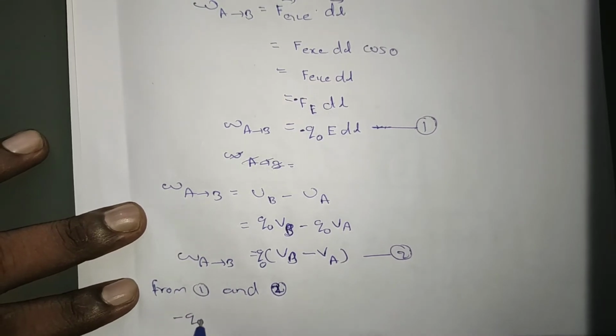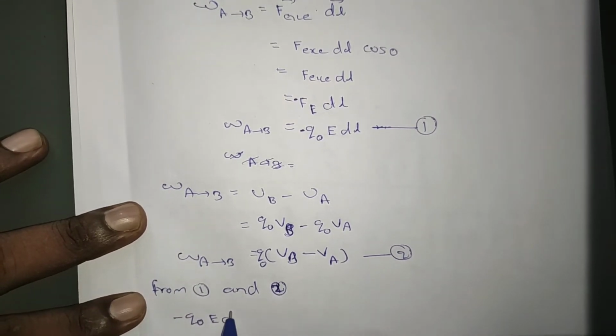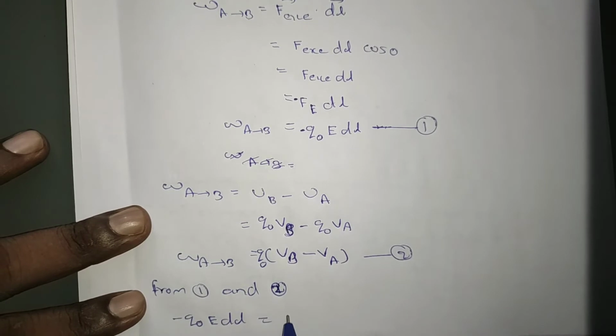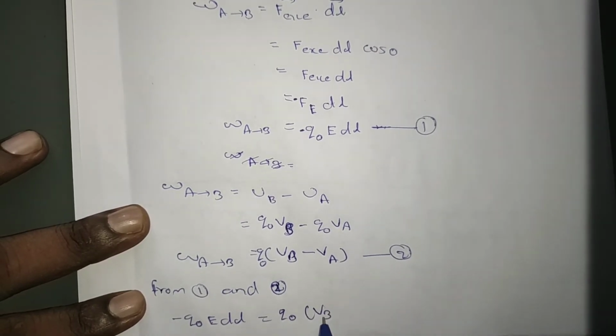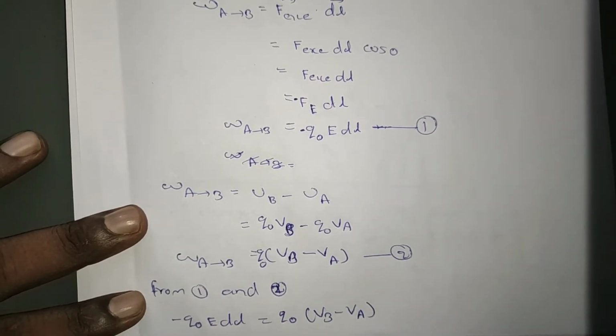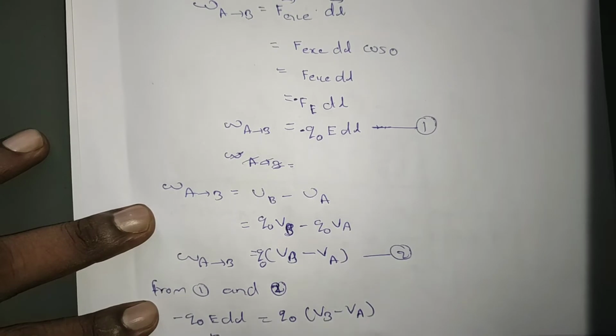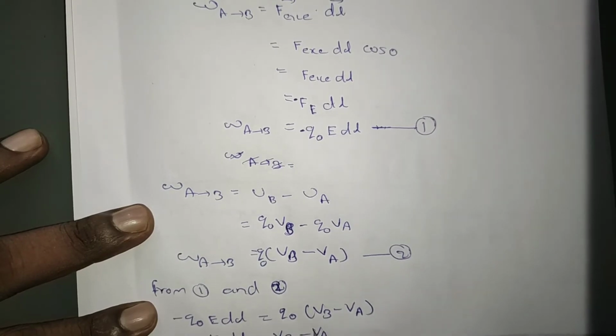So minus Q naught E dl is equal to Q naught into VB minus VA. Q naught I can cancel. So what will you get? E dl is equal to VB minus VA.